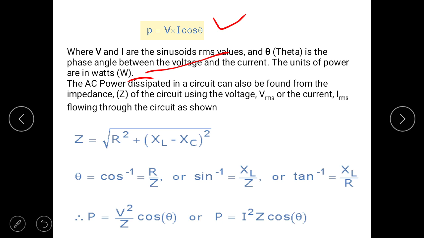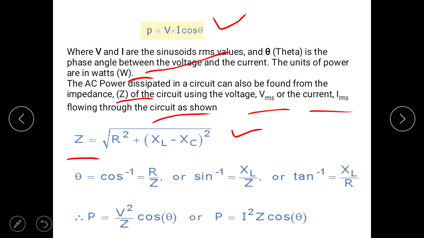The AC power dissipated in a circuit can be found from the impedance Z of the circuit using the voltage Vrms or current Irms flowing through the circuit as shown. So Z is equal to square root of R squared plus (XL minus XC) squared.